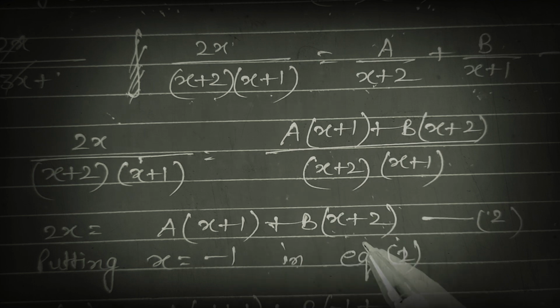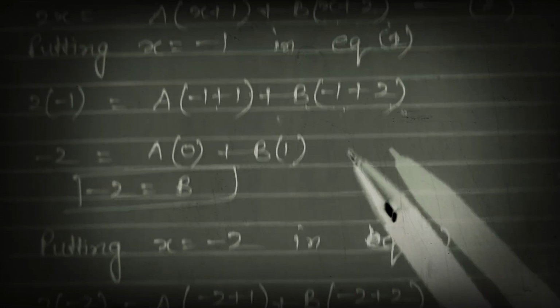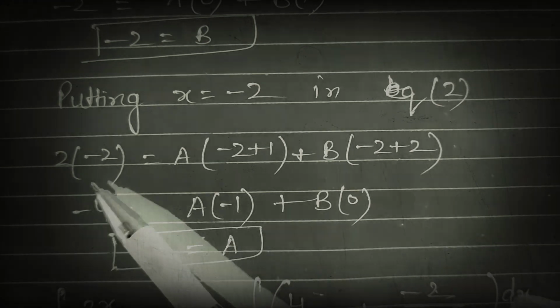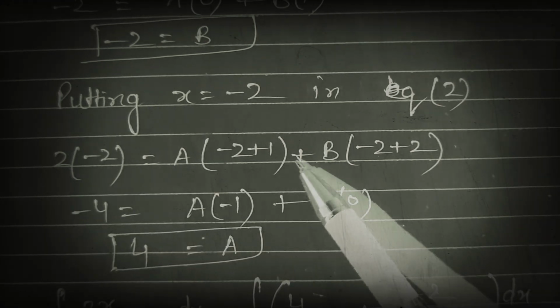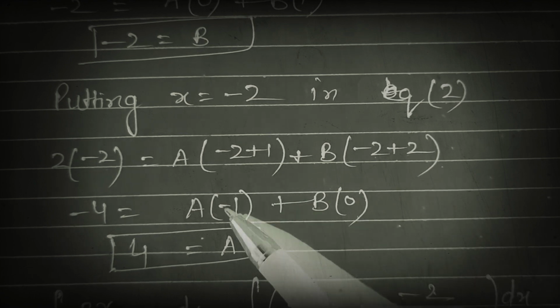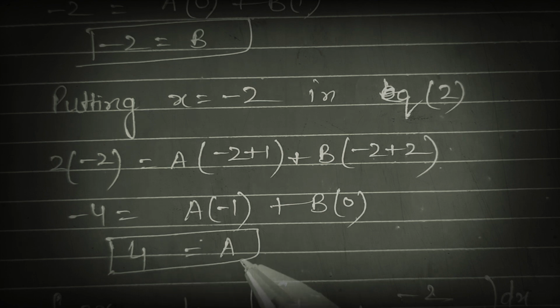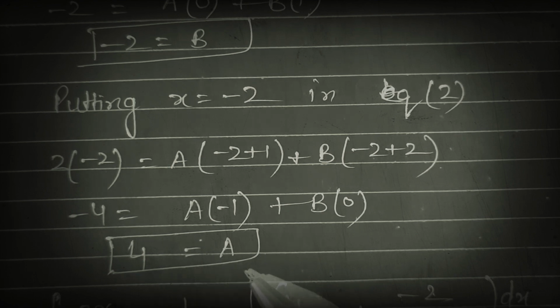It will be 0. Then a into minus 2 plus 1 is minus 1. So a into minus 1 is equal to minus 4. Then we will get a is equal to 4.